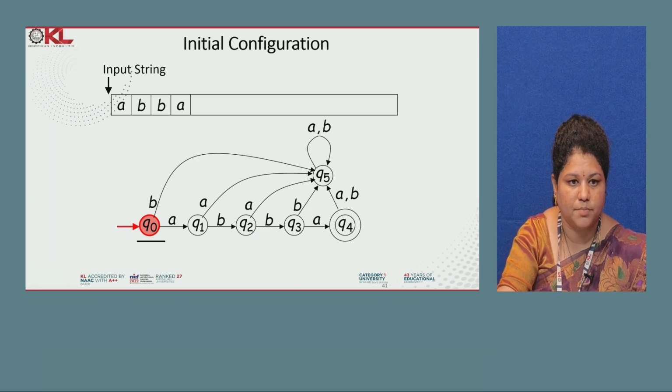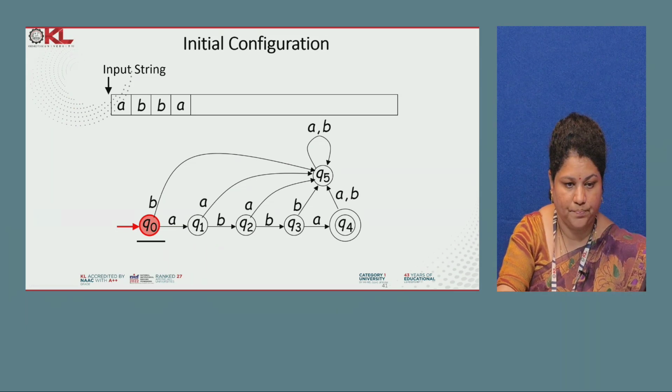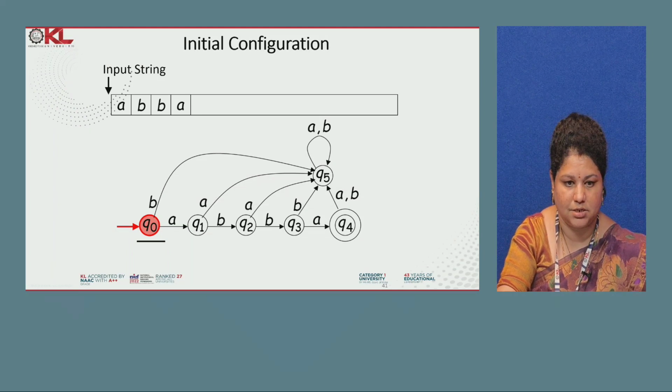So how can the symbols be accepted from the initial state? We are taking the initial state as Q0 here. How is the transition moved from the current state to the next state?